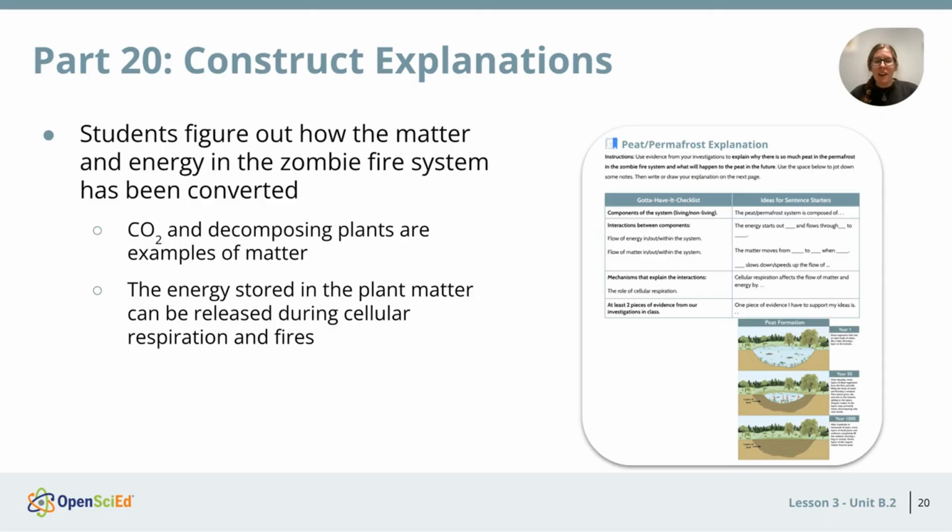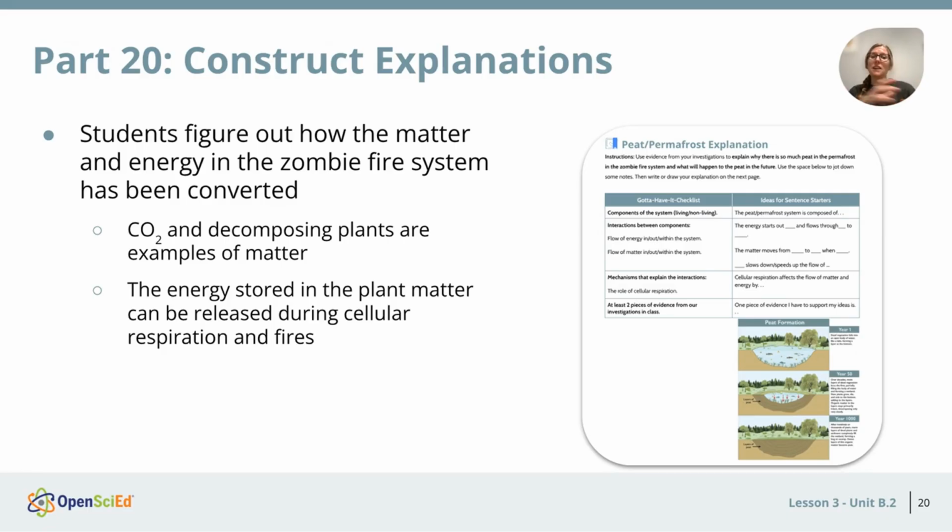Part 20, a very key moment for this lesson. Students are going to be constructing their own explanation for what's happening in the zombie fire system. This lesson has a lot of different pieces. We've learned what decomposition is. We've learned that temperature and oxygen levels affect decomposition. We've learned that decomposition is really organisms, decomposers, going through the process of cellular respiration.